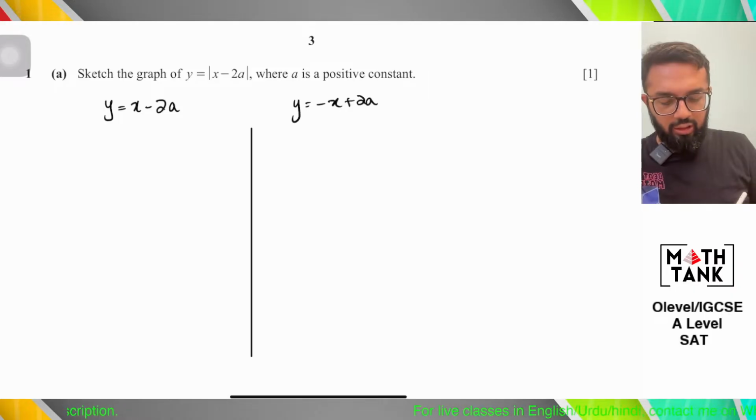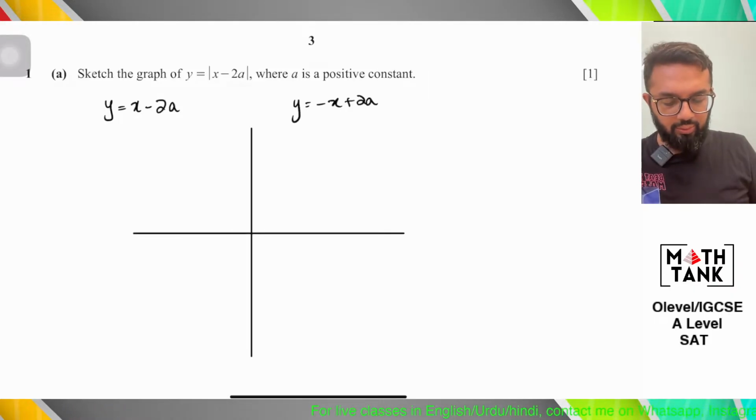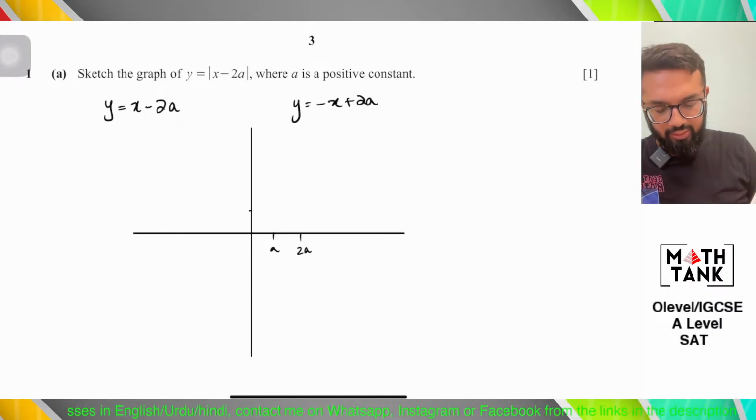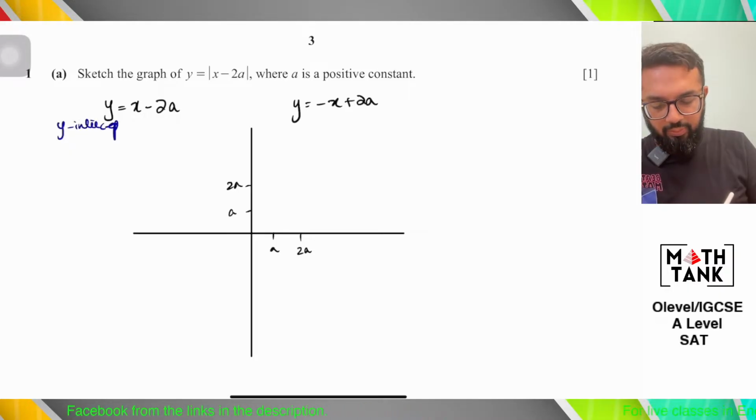Now a is arbitrary, so you could plot it whichever way you want. I'm going to label 1 centimeter as a and see if that helps me. This has a y-intercept of minus 2a and an x-intercept of 2a, I think.